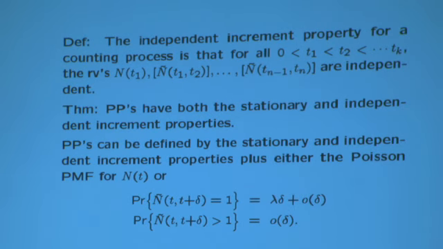And this looks like an immediate consequence of that. It's not. You remember we had to struggle with this for a bit. But it says Poisson processes can be defined by the stationary and independent increment properties plus either the Poisson PMF for n of t or this incremental property, the probability that n tilde of t and t plus delta, the number of arrivals between t and t plus delta, is 1 is equal to lambda times delta.